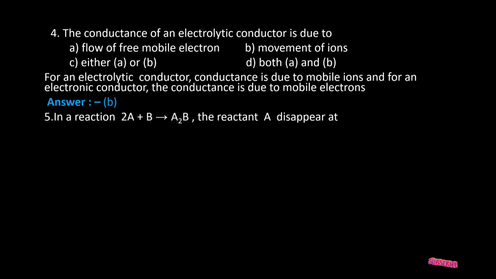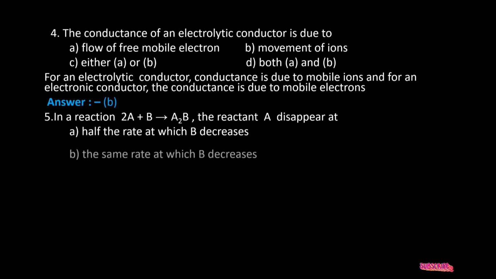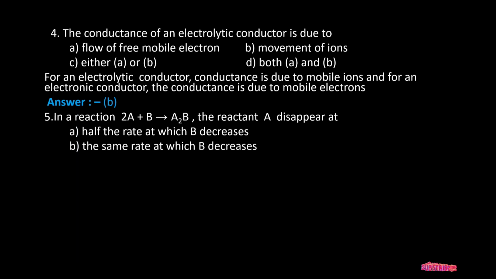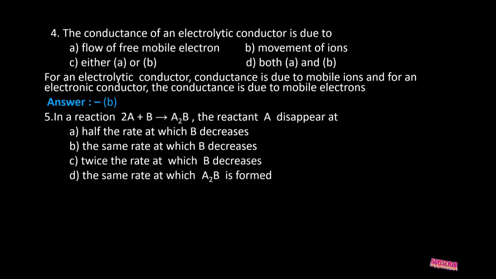Next, let us take question number 5. In a reaction, 2A plus B gives A2B. Reactant A disappears at A, half the rate at which B decreases, B, the same rate at which B decreases, C, twice the rate at which B decreases, D, the same rate at which A2B is formed.